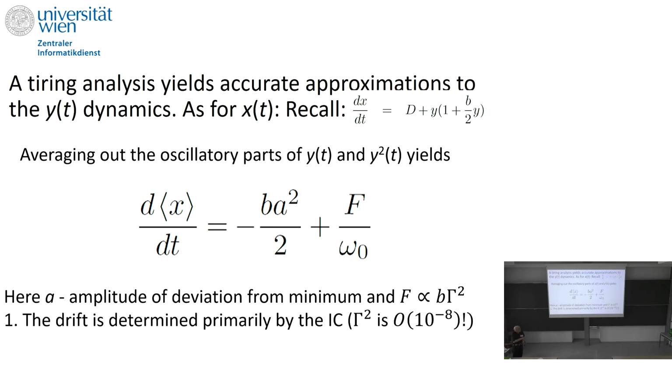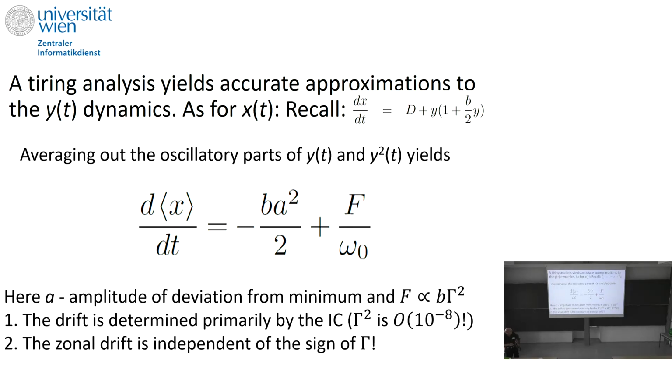If you are displaced from the minimum by, say, several hundreds of kilometers, it's going to be 0.1. So the square is going to be several orders of magnitude larger than that. So number one, it's very small. This is a tiny contribution and independent of the sign of gamma.